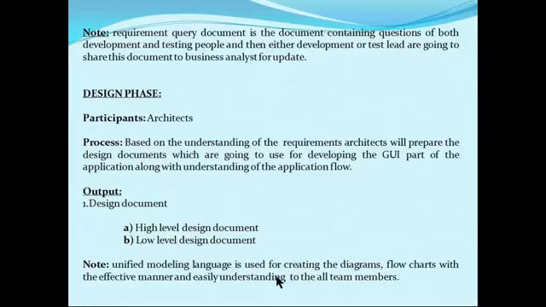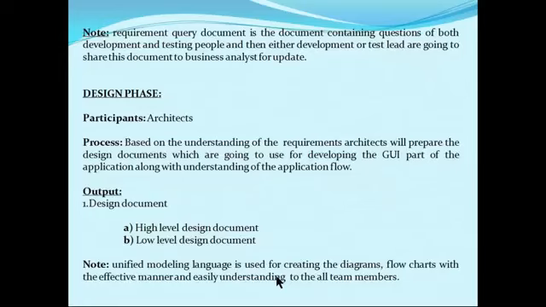Next, the design phase. The participant here is the architect. What happens in the design phase is, based on the understanding of the requirements, the architect prepares design documents which are used for developing the GUI, the graphical user interface parts of the application, along with understanding of the application flow. Now they start designing the software, usabilities, everything.